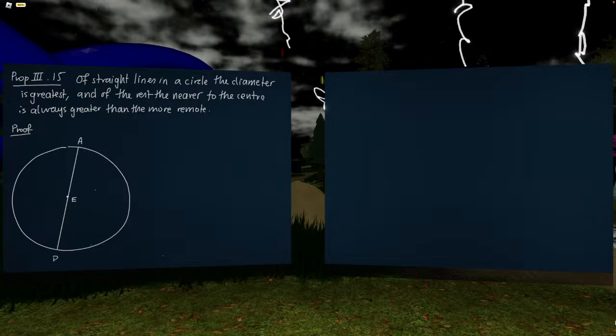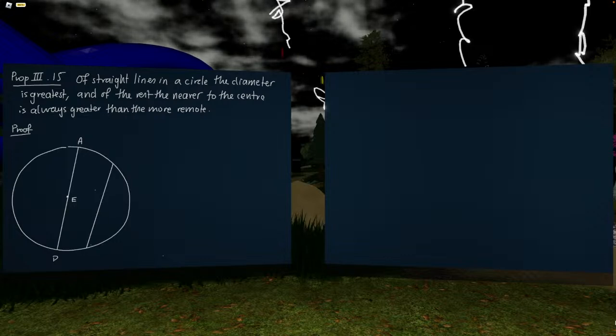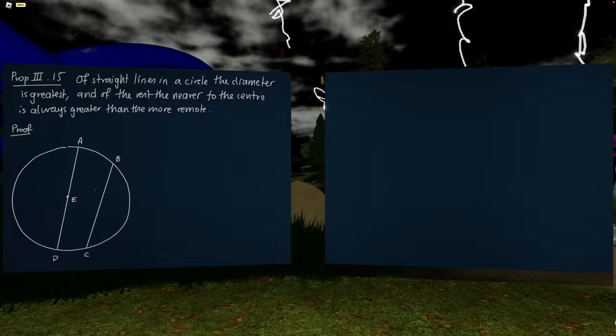Okay, so ABCD is a circle. I'm not going to mark B and C yet. I'm going to mark a diameter, AD. So the claim is that among lines drawn in the circle, this is the greatest that is possible. E is the center, BC nearer to the diameter AD, and FG more remote.